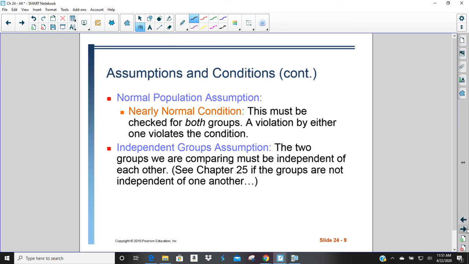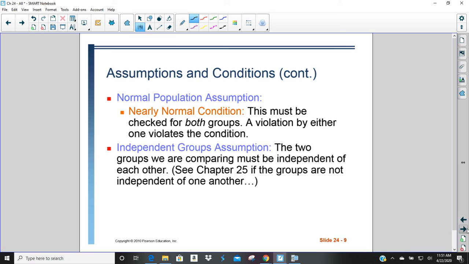Last one is independent groups. The groups we are comparing must be independent of each other. Point being, chapter 25 is going to be if they are not independent. The biggest case where things are not independent is when it's the same person before and after. I'm on a weight regimen for food, and so we'll talk about my weight at the beginning and my weight 8 weeks later or something like that.